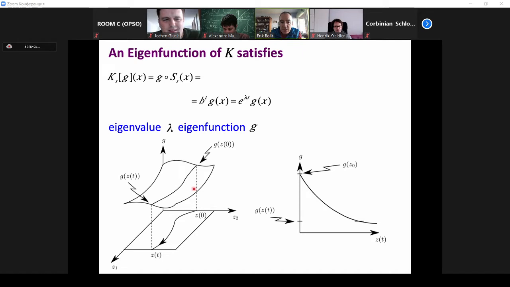But it's a specially shaped function so that as I go, I'm increasing or decreasing in a way that scales like an exponential. That's if lambda is real. If lambda is complex, it's oscillatory. Or I can just think of this as an algebraic statement.